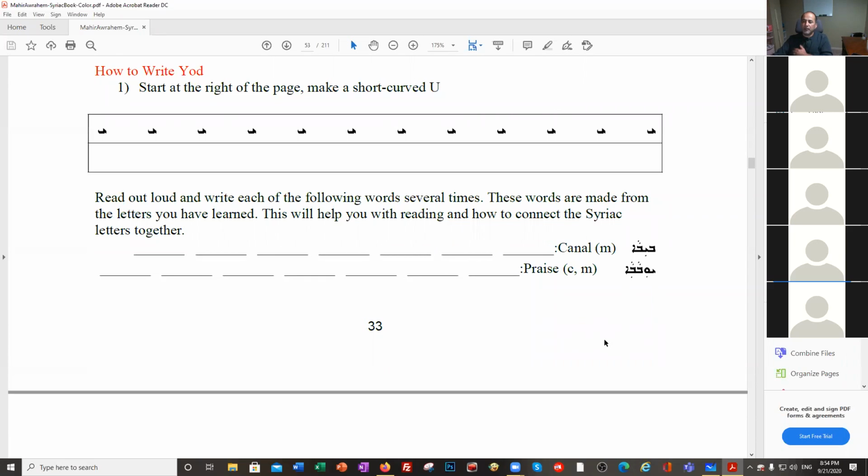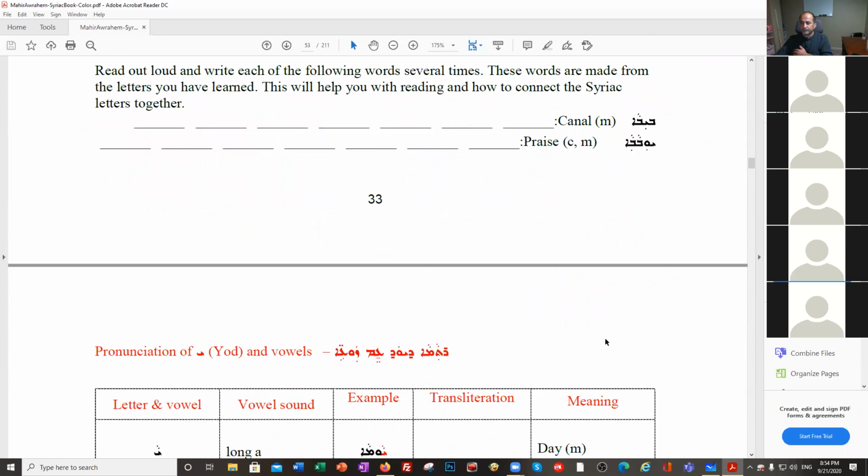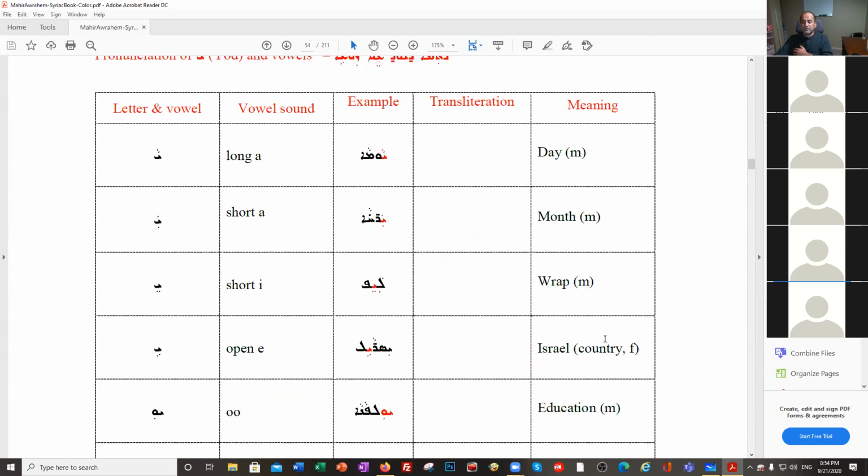Biba, and Yubawa. With the vowels, even though I did not show it to you in the writing, I think you get the idea how we apply the vowels on the letters.